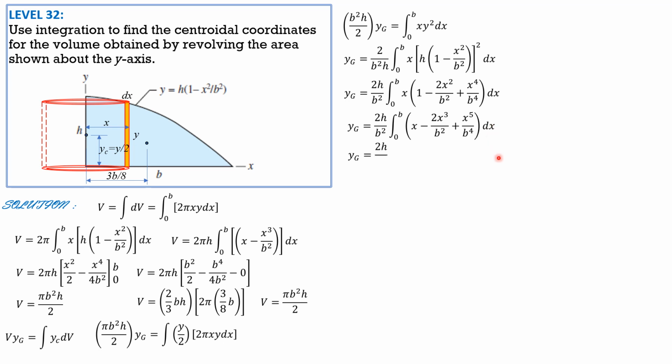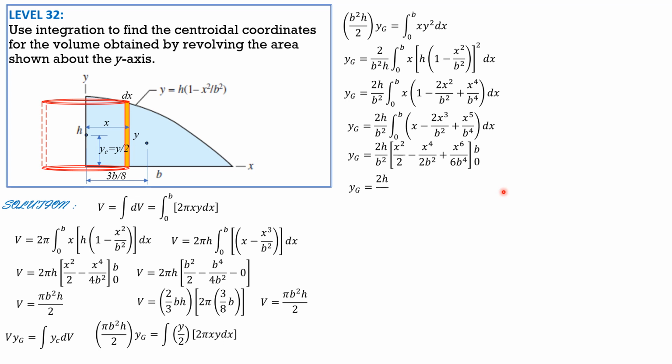Integrating, y sub g equals 2h over b squared, quantity x squared over 2 minus 2x to the fourth over 4, so minus x to the fourth over 2b squared plus x to the 6 over 6b to the fourth from 0 to b.